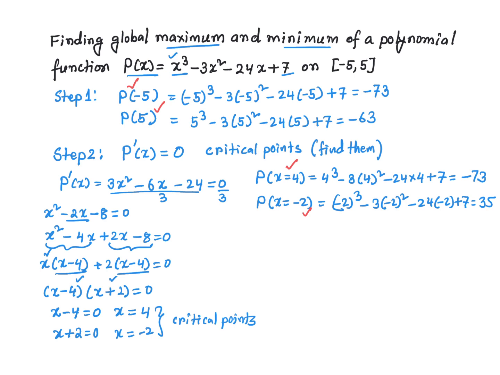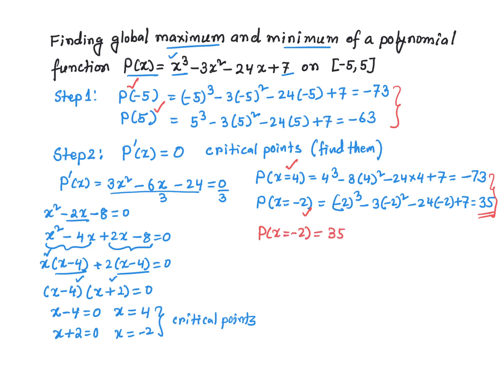So we found the values at the boundary points, we found the values of the function at the critical points. So our absolute maximum and minimum is going to stay within this set of values. So we can see the absolute maximum happens when x is equal to -2.